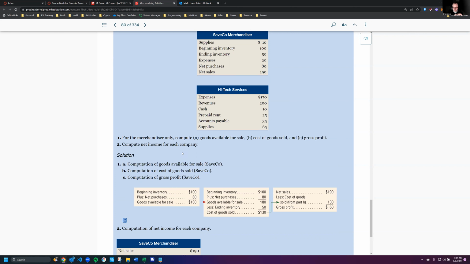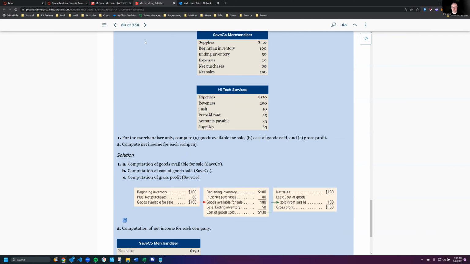Now you're getting into the nitty-gritty of actually doing the accounting for particular cycles of business. And it can get complicated. And you need to spend time walking through these scenarios. Otherwise, you will get lost very quick.